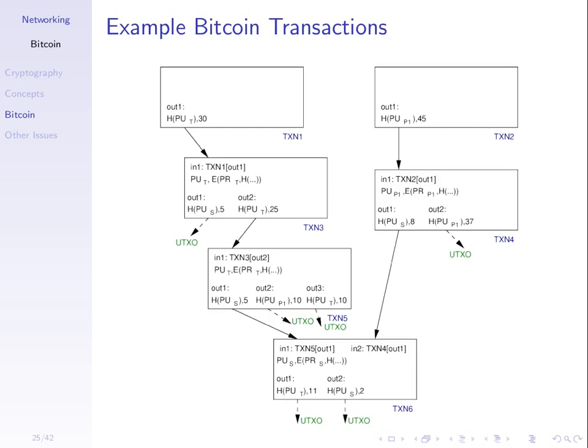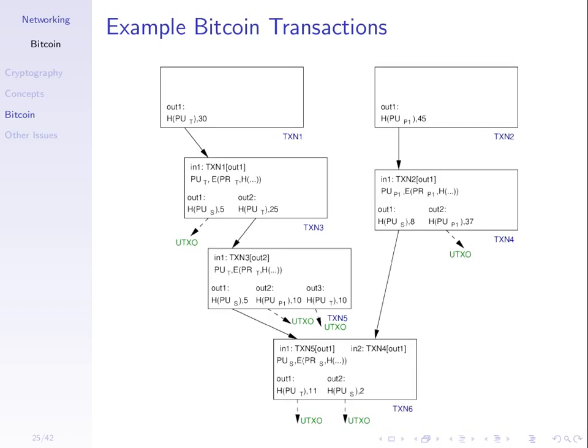TXN1, think of that as the ID for this transaction. So this rectangle I've shown, this was a special transaction. Nothing came in. This is where we created money. So there was no input. The output was 30 Bitcoins, and it was to Tanarak. And the notation I'm using, remember the destination address is actually a hash of a public key.